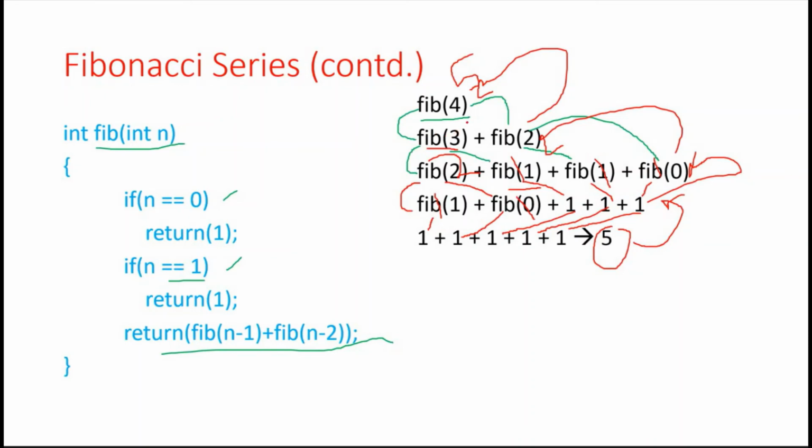The value of Fib 3 is 3. And the value of Fib 2 is 2. If we add the value of Fib 3, which is 3, and the value of Fib 2, which is 2, we add these two, we will end up with 5.